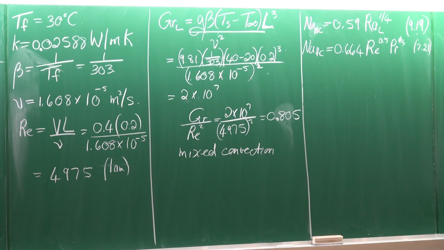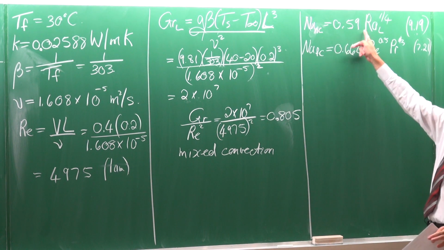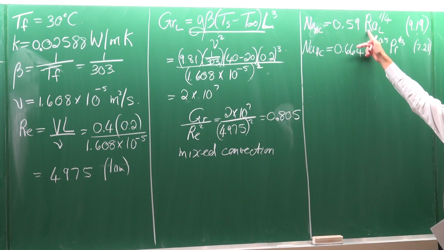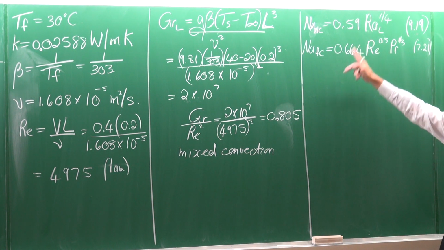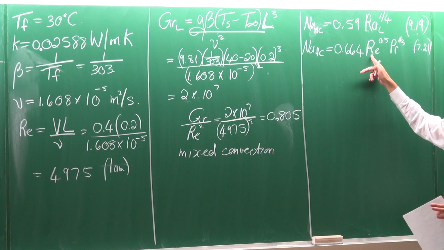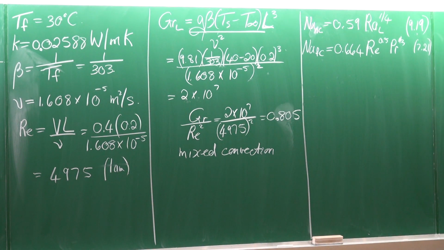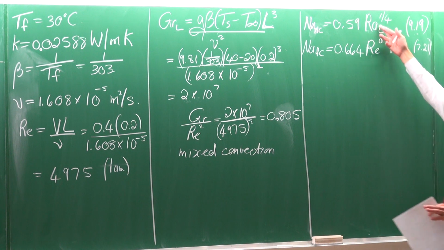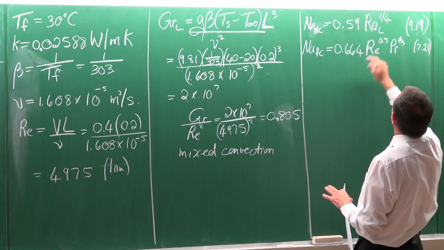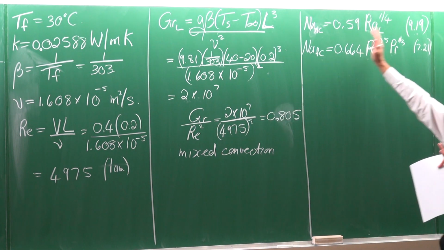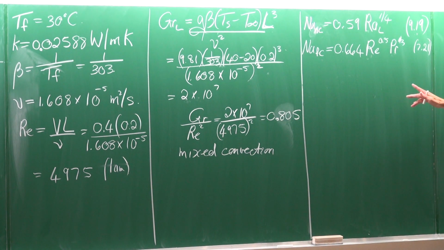Take note. In natural convection, we see the Nusselt number is a function of the Rayleigh number only. Forced convection, it's a function of the Reynolds number. Okay. So there's a Rayleigh number, there's a Reynolds number, there's the Prandtl number. I'm sure I don't have to write it out for you.